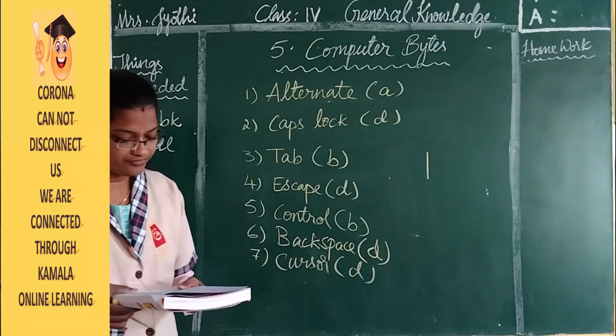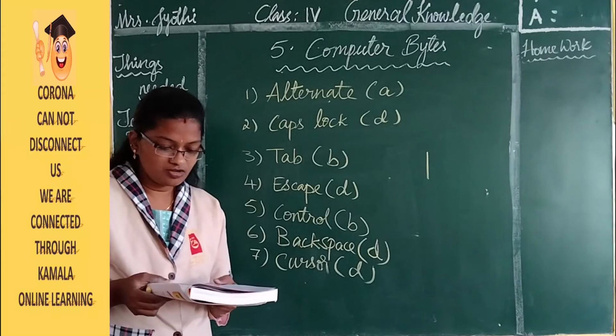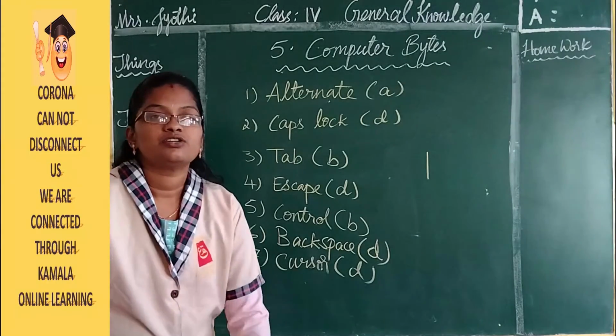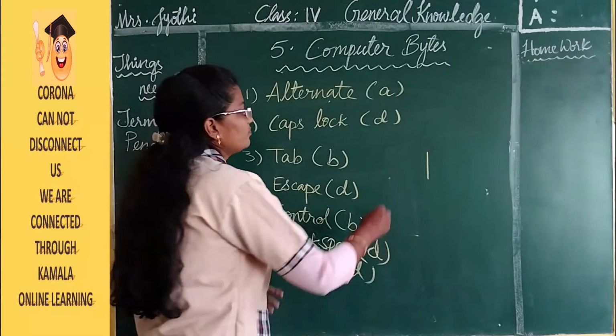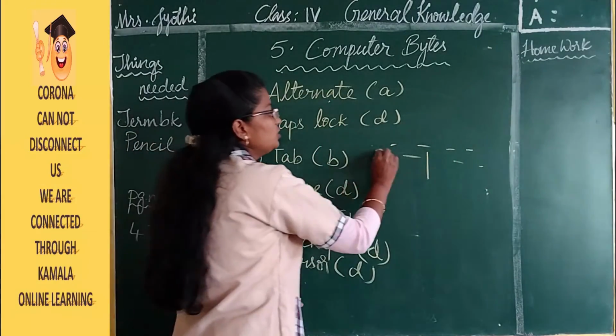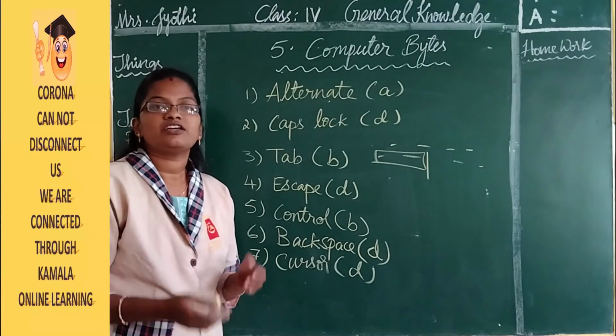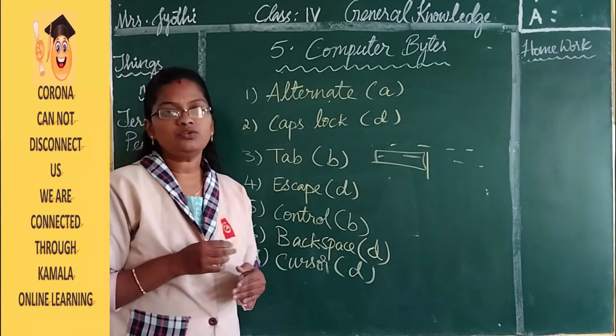And last, eighth one. Which key removes the character after the cursor or the selected text? You have typed something, and now you have selected 2 to 3 words. You have to delete them directly. Which key are you going to use?